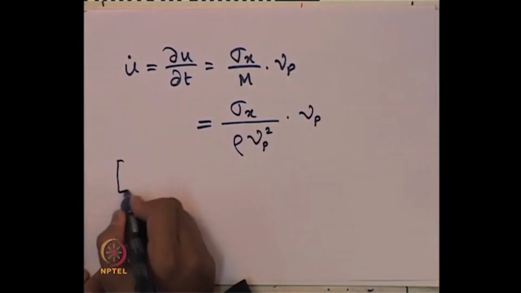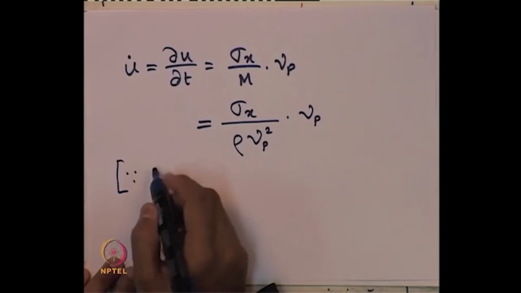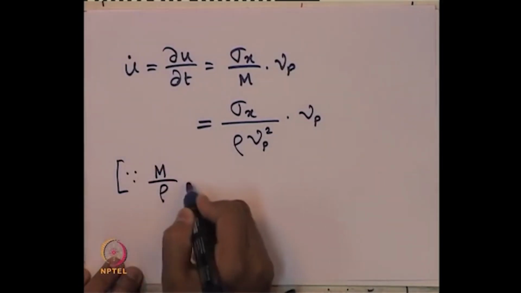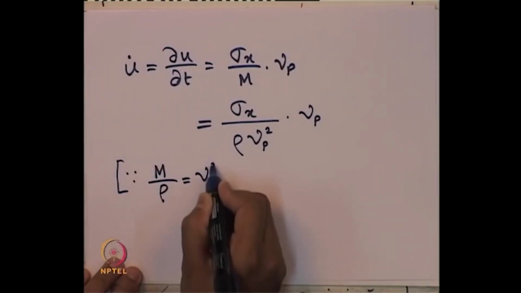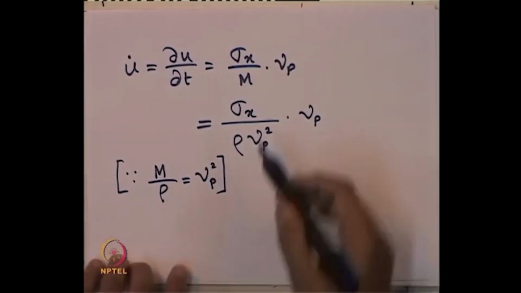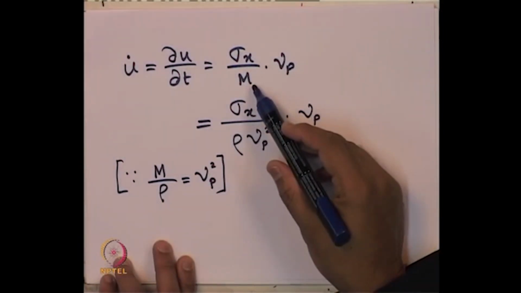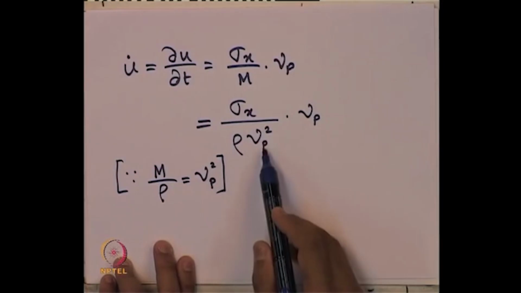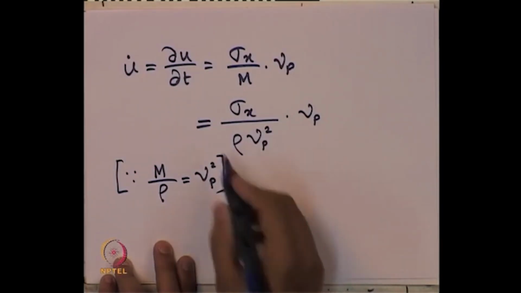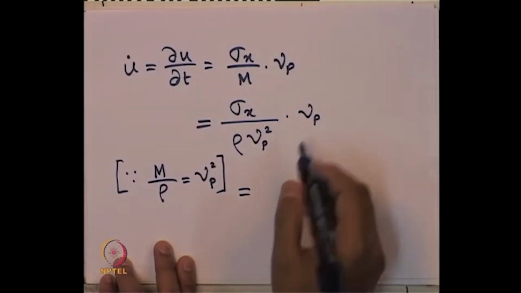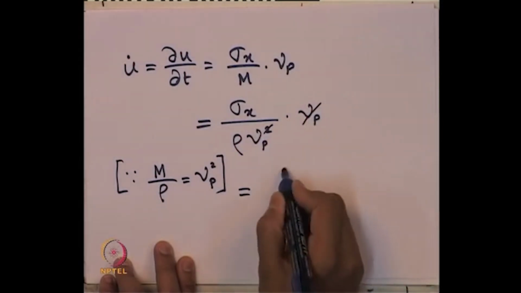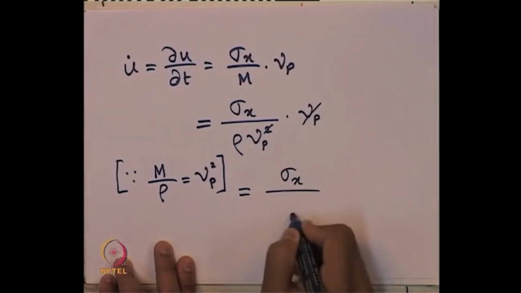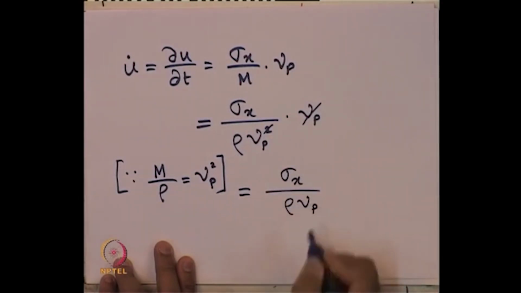Why? Because we have already seen that M by rho equals V p square. Hence, M, that constraint modulus, I can write as rho times V p square, which on further simplification gives, this goes out, so sigma x by rho times V p.